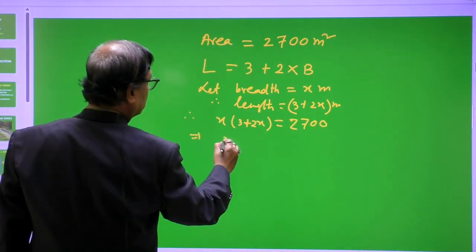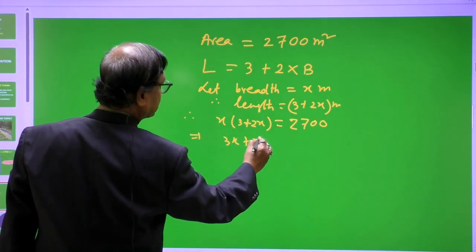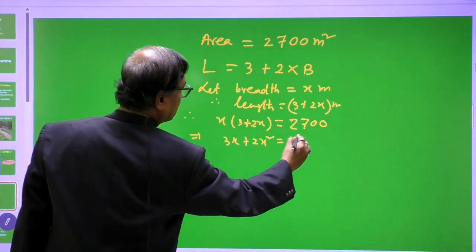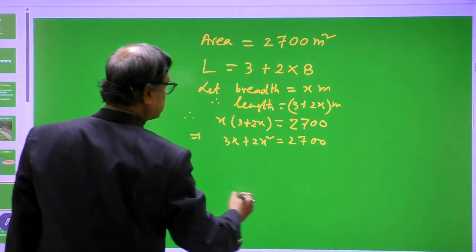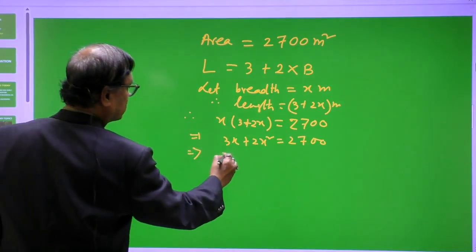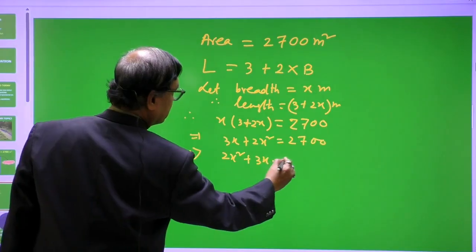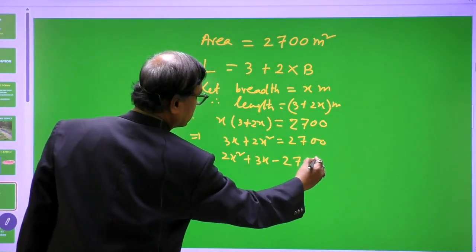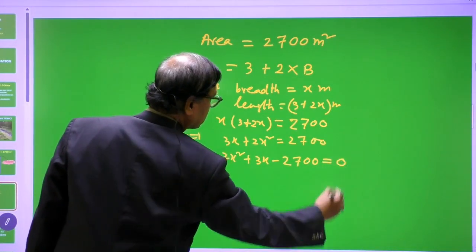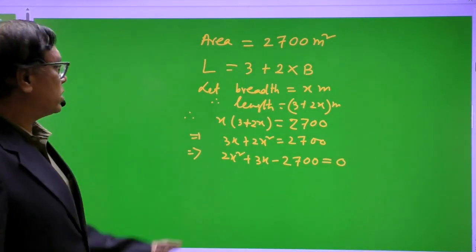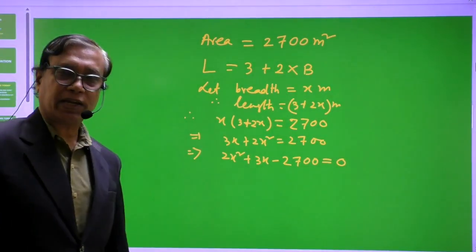Simplify: 3x plus 2x square equals 2700. That implies 2x square plus 3x minus 2700 equals 0. See, we got one quadratic equation.